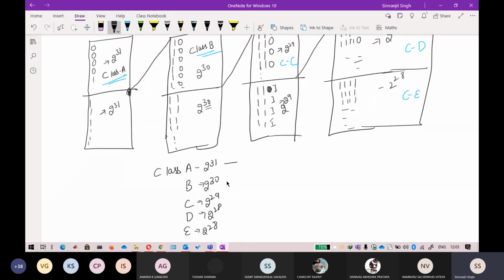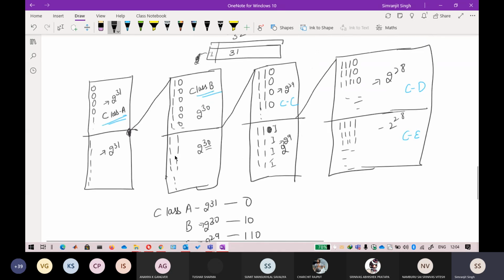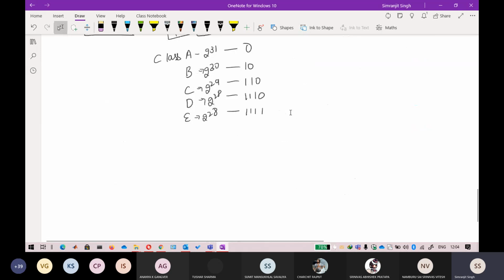Okay, so what are the bits fixed in every case? The bits fixed in class A is 0, class B it is 1 0, class C it is 1 1 0, class D it is 1 1 1 0, and class E it is 1 1 1 1. Okay, so these two things I came to know from this diagram.